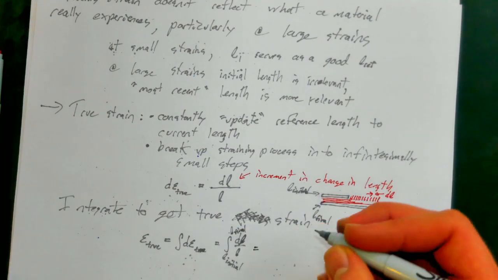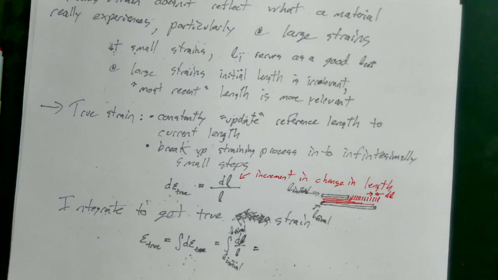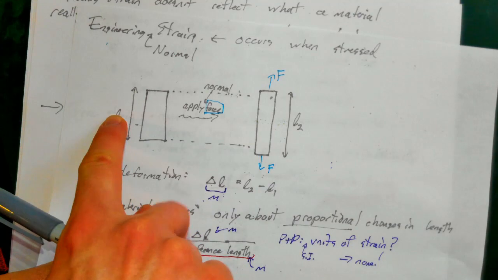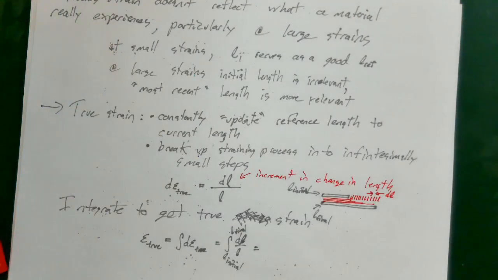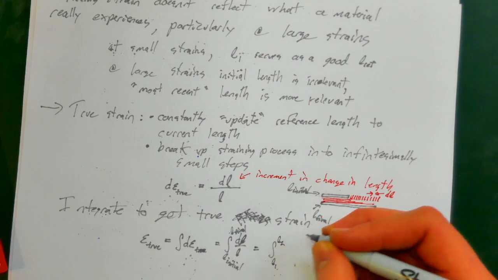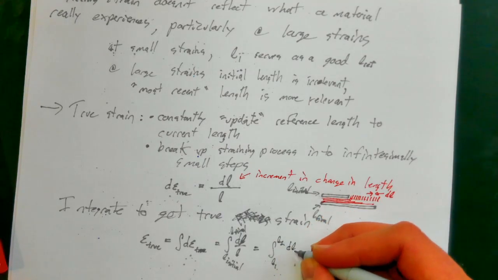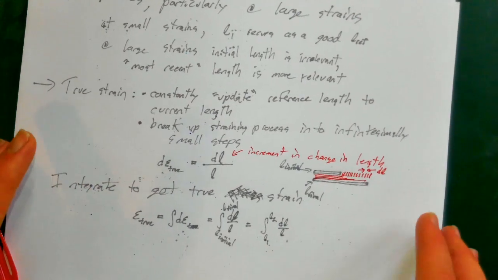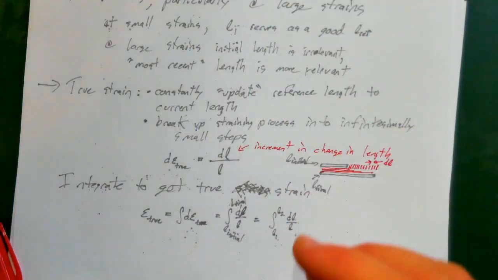Or we could recap it, to put things in a similar context as when we were talking about strain. We used L1 and L2 for our initial and final states. So I could say I'm integrating from L1 to L2 dl over L. So take a moment now, pause and ponder.